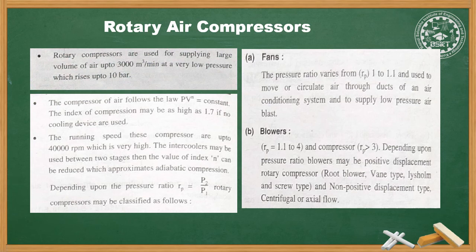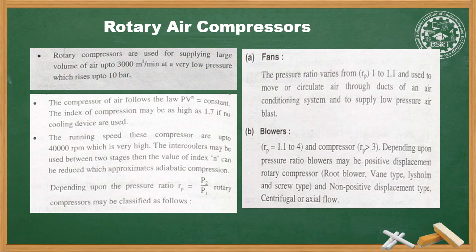The pressure ratio varies from 1 to 1.1, and they are used to move or circulate air through ducts of an air conditioning system and to supply low pressure air blast. Second, blowers. The pressure ratio is 1.1 to 4, and for a compressor the pressure ratio is greater than 3.